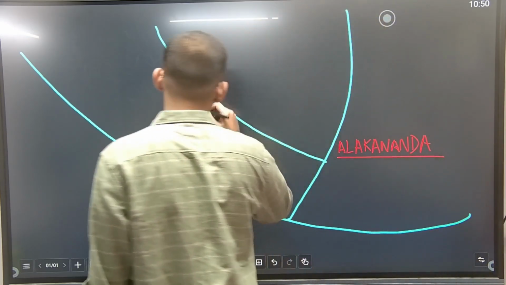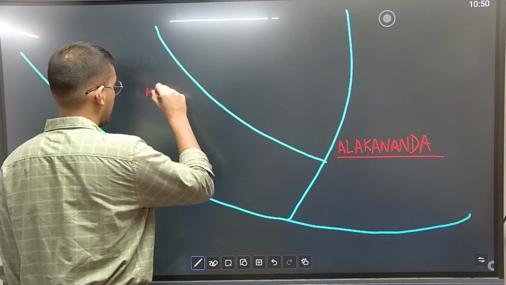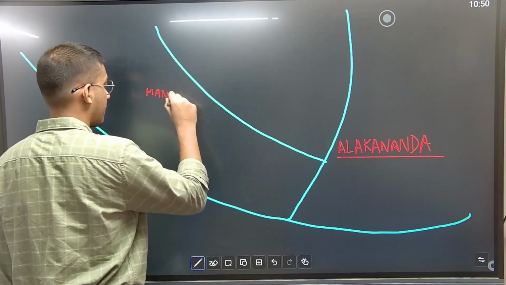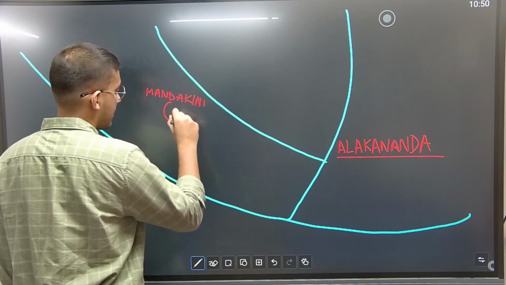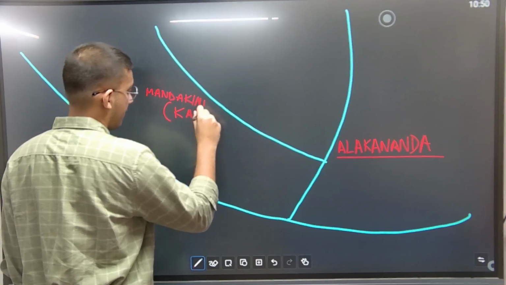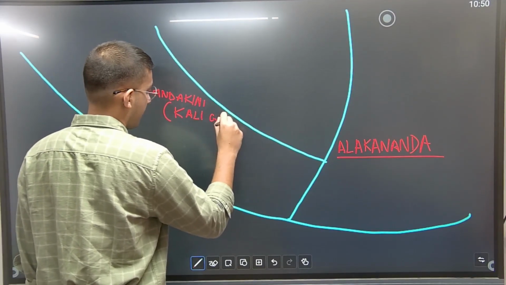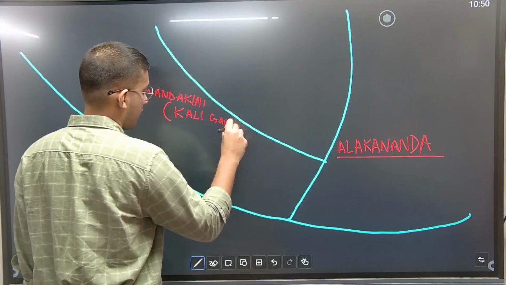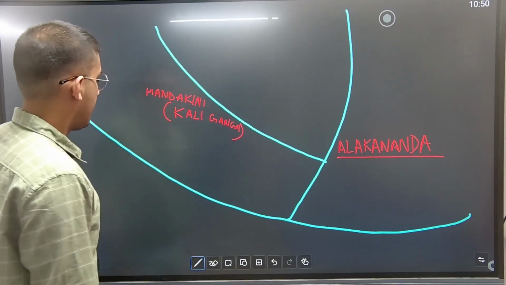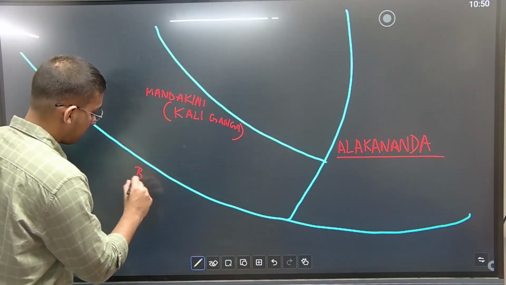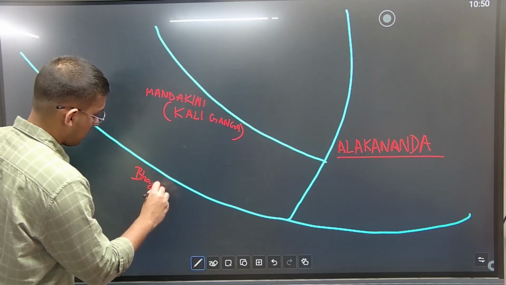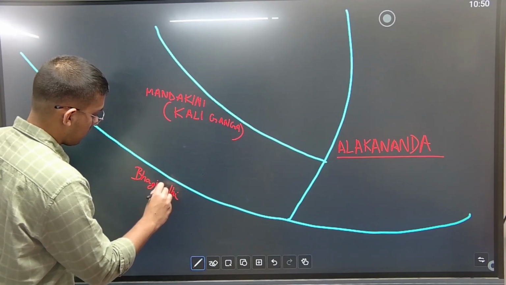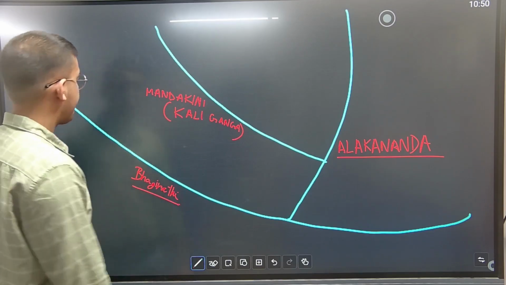This will be our Mandakini river, also known as Kali Ganga. Right? This will be our Bhagirathi river. Done.